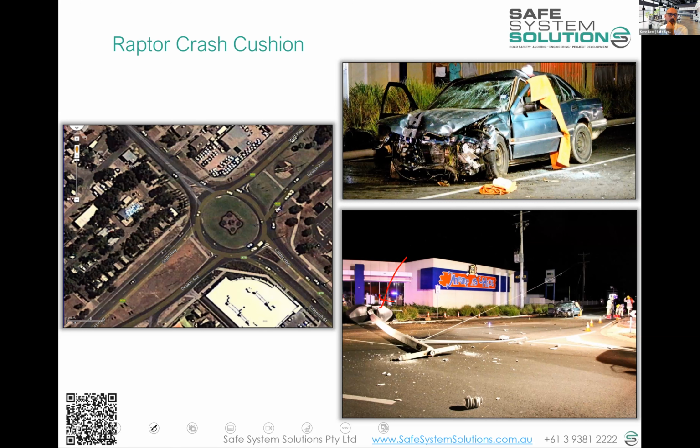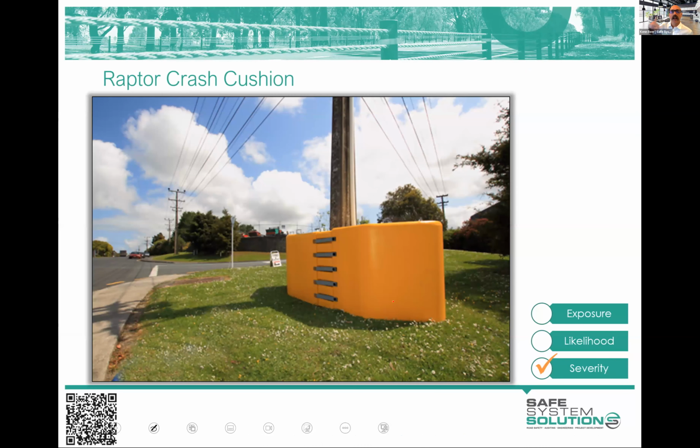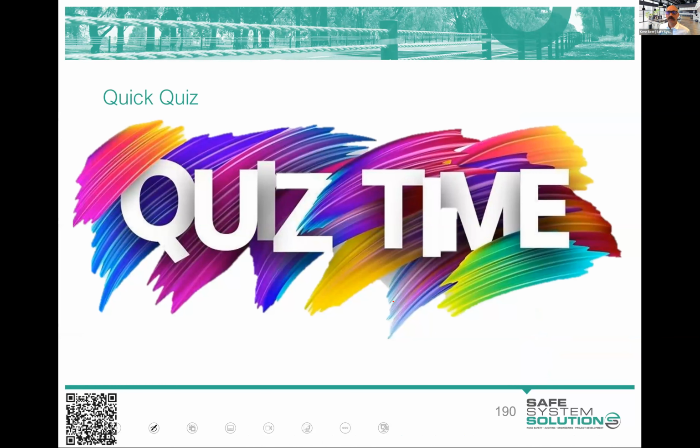So they've got a lot of advantage out of that. And the Raptor has been the one to make it likely not serious and deaths involved. But I do just like that sort of, what else can we do to manage energy? How can we lessen the energy that gets transferred into the human?